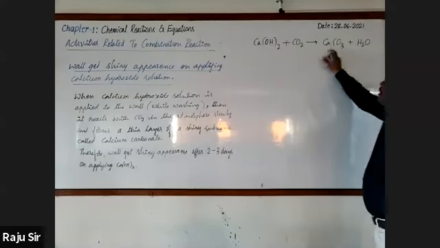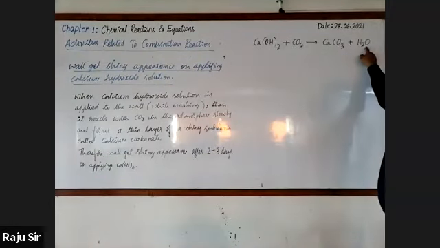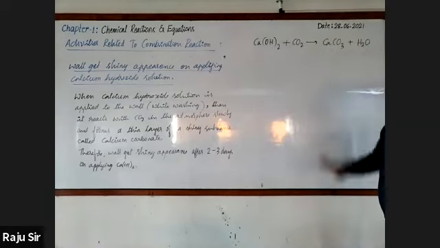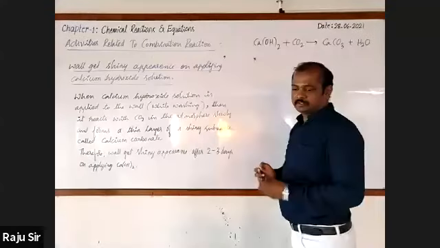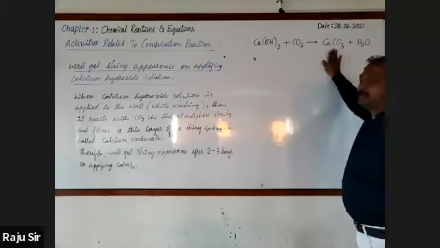Calcium one atom, carbon one atom. Oxygen: here 2 plus 2, 4; there 3 plus 1, 4. Hydrogen 2, here hydrogen 2. It is balanced. Got it? Yes. Next, another point with respect to this: what is the common name of calcium carbonate?